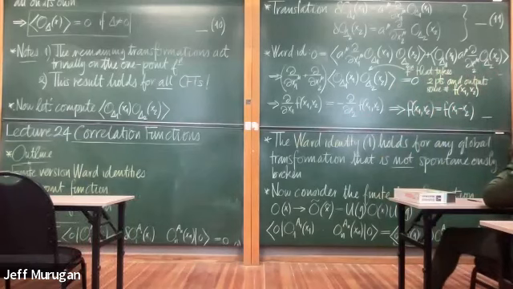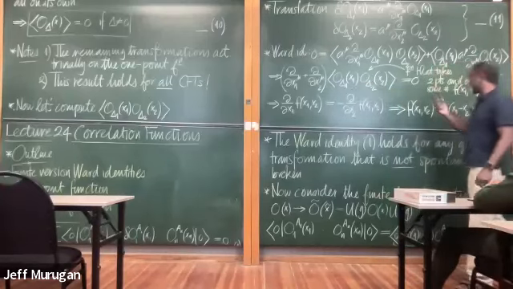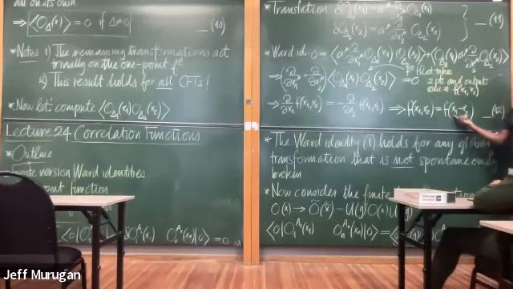And I'm going to stop here with equation number 12. So again, translations tell us that whatever this function is, it can only depend on the difference between those 2 points in space-time.